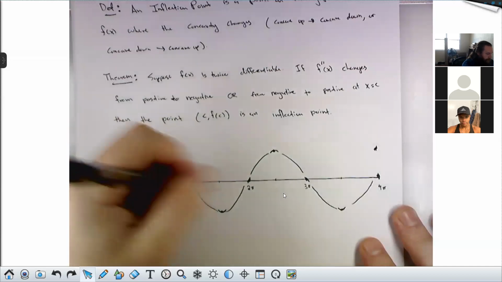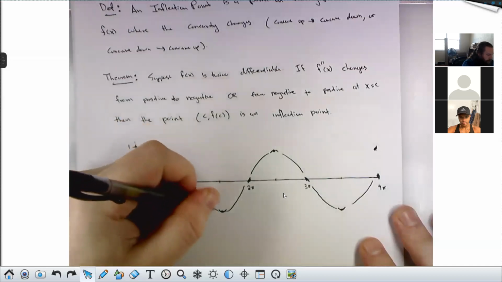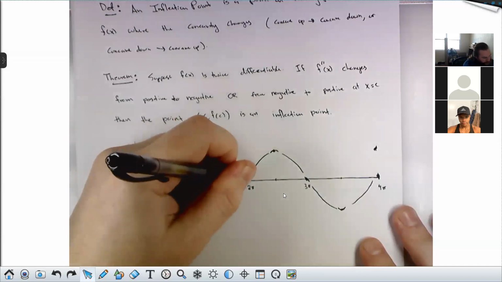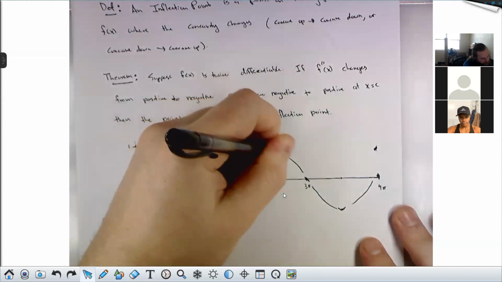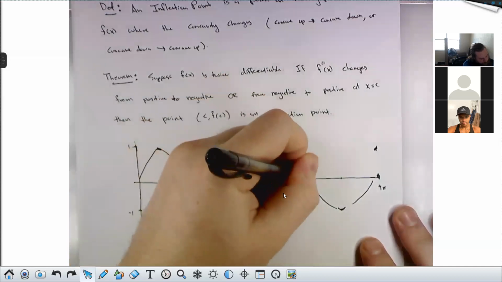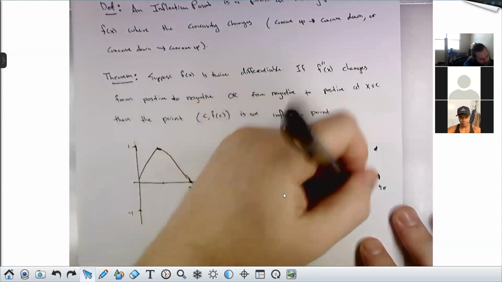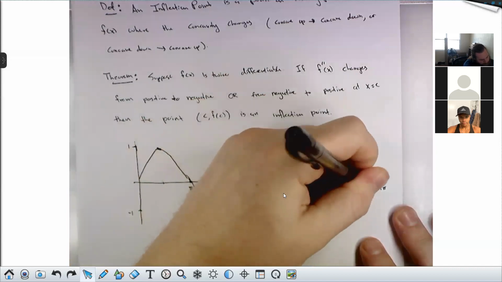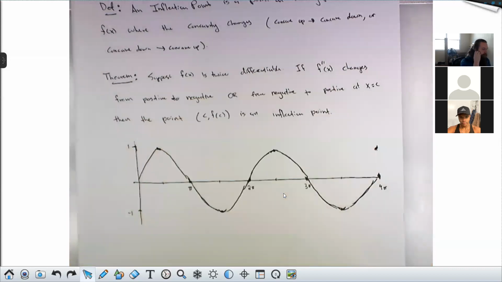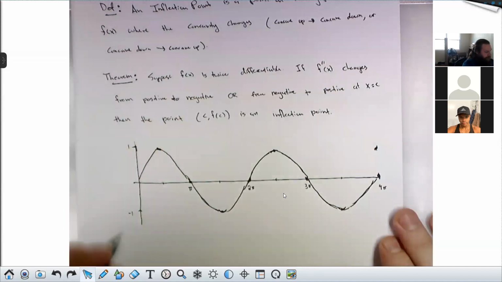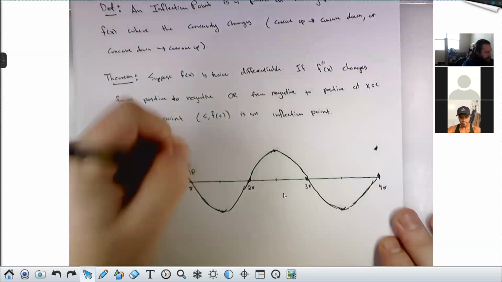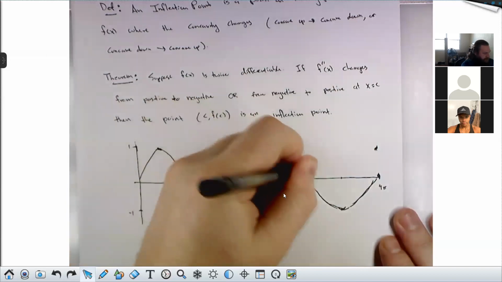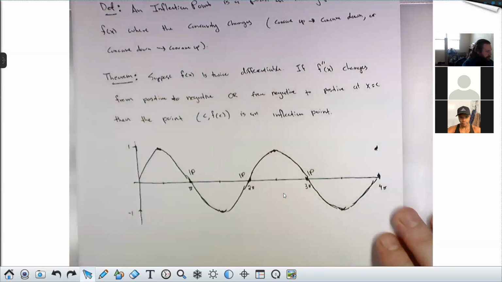So this bad boy has inflection points at all of its x-intercepts, right? That's the idea here. So this is an IP, this is an IP, this is an IP.